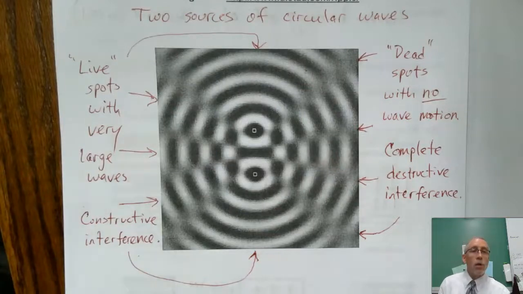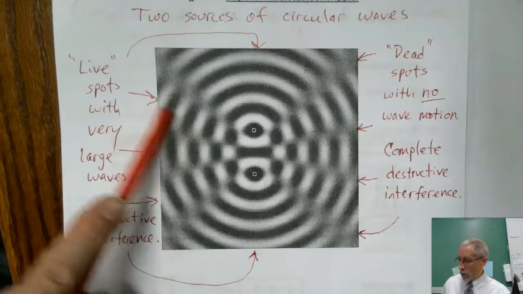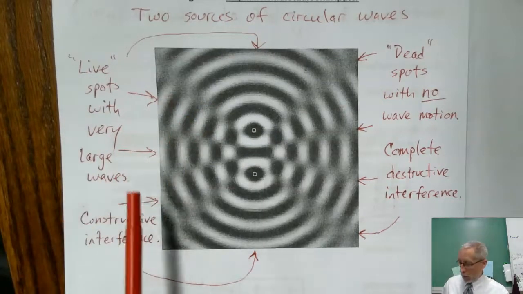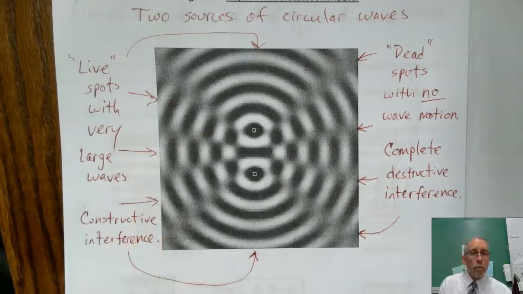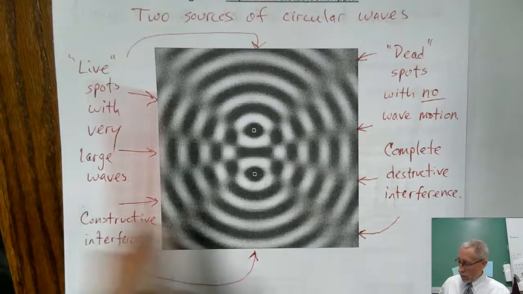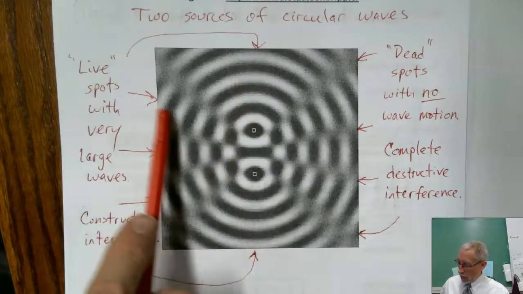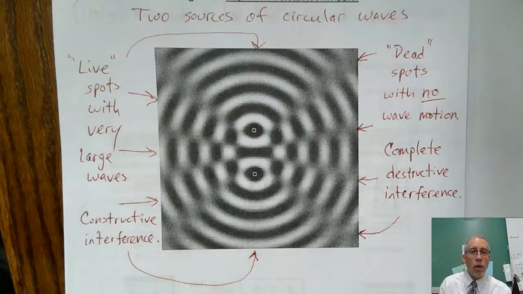I call those the live spots with very large waves: big crests, big troughs right there. There are 8 of these, the top and the bottom, and then 3 on each side, where it's very bright, very dark in between. Those are all points where we have constructive interference.